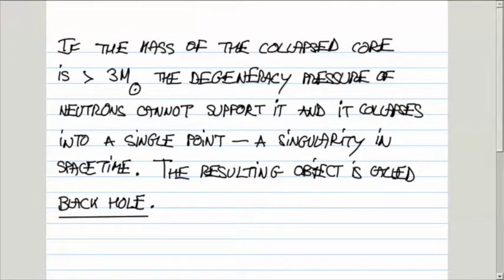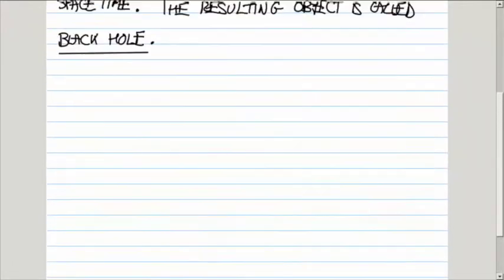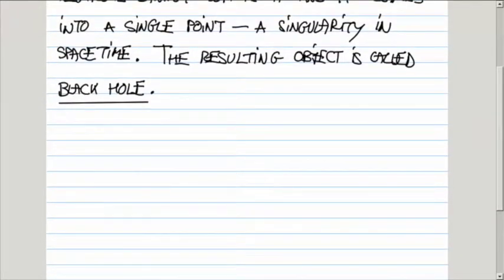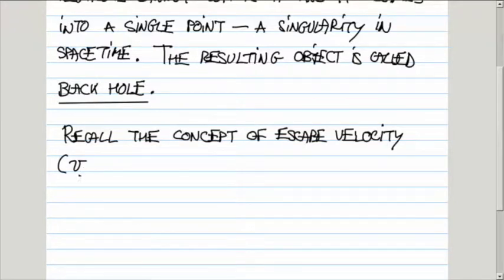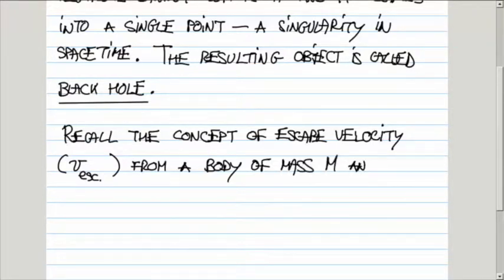So just to remind you of the concept that we talked about when we discussed the Newtonian theory of gravity, the concept of escape velocity. I'll denote it with V escape from a body of mass m and radius r.